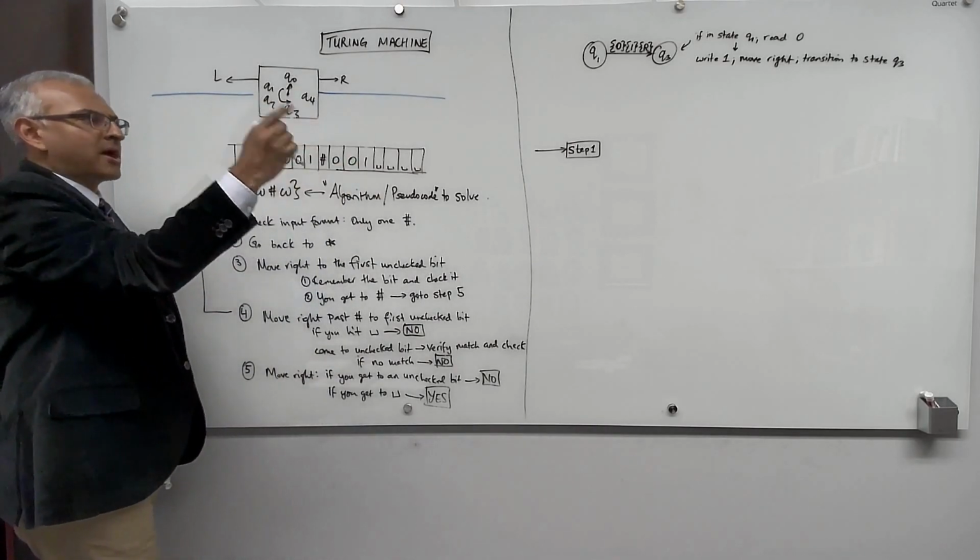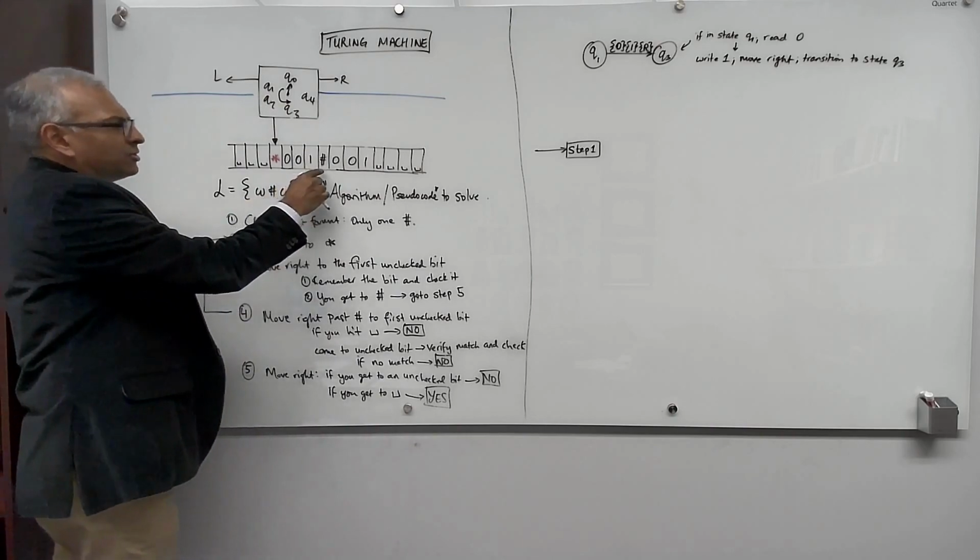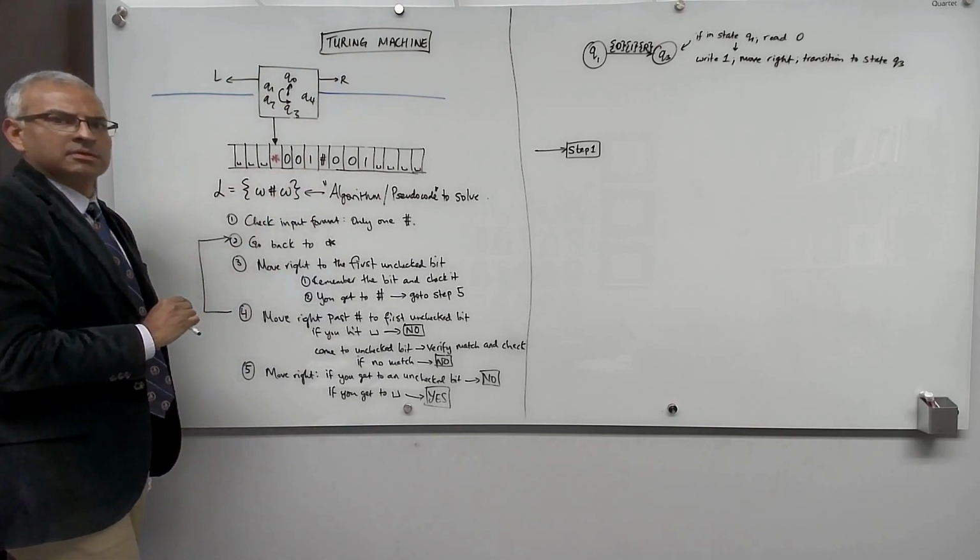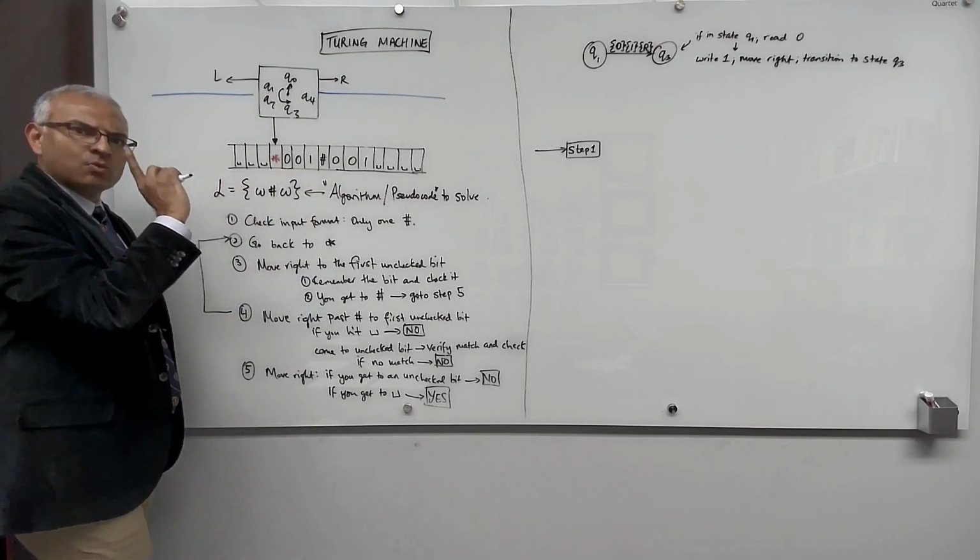Now, check the input format. Keep moving right as long as you don't see a pound, because we want to check that there's exactly 1 pound.